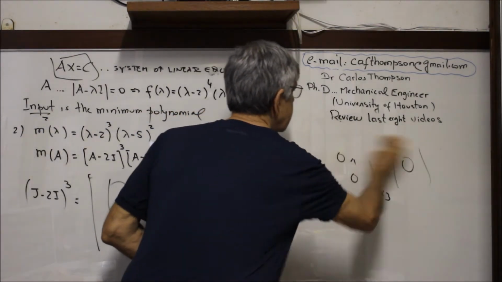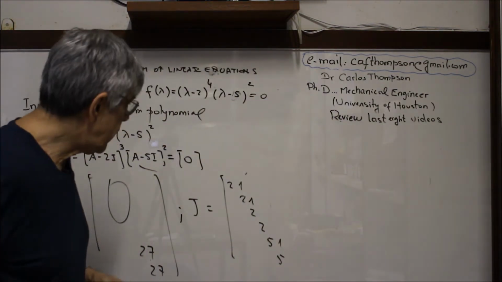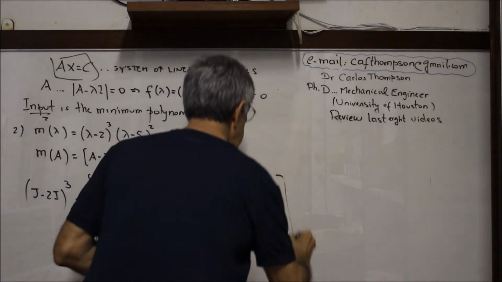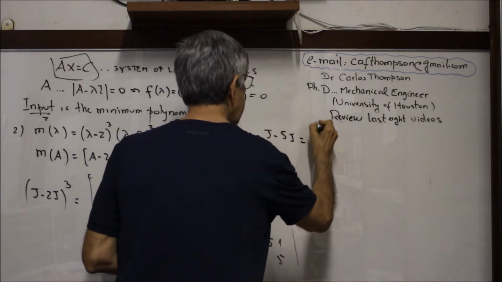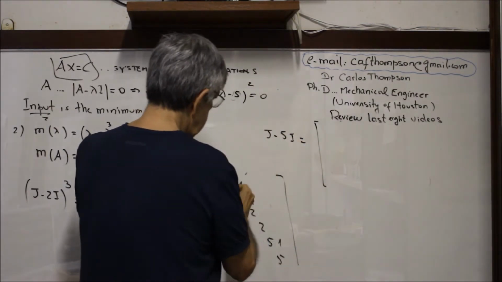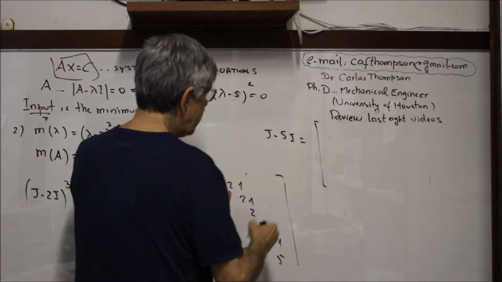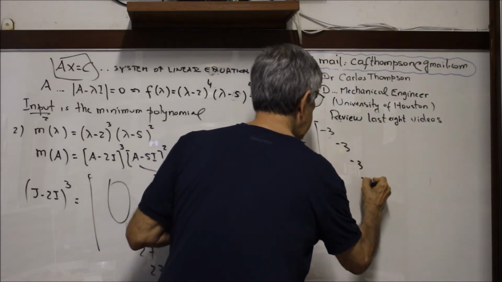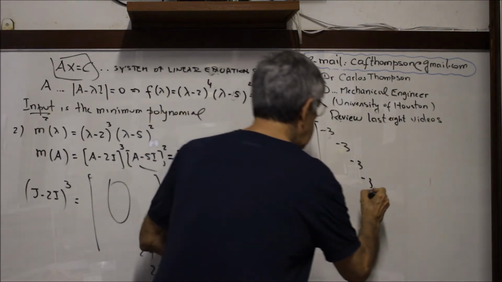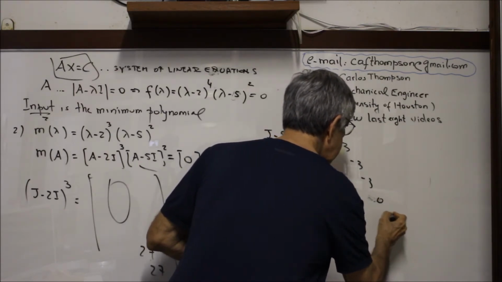Now, let's write j minus 5i. Look, I'm sorry, 2 minus 5 is minus 3, minus 3, minus 3, minus 3. This will be 0 here and 0 here and 0 here.